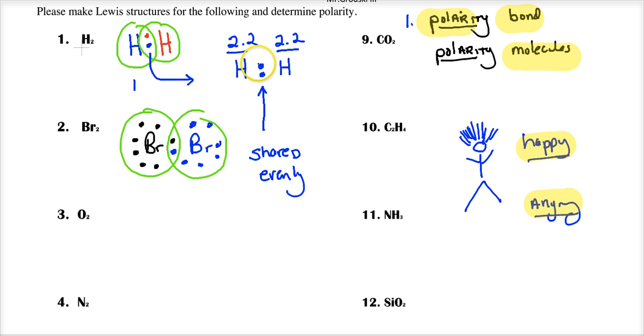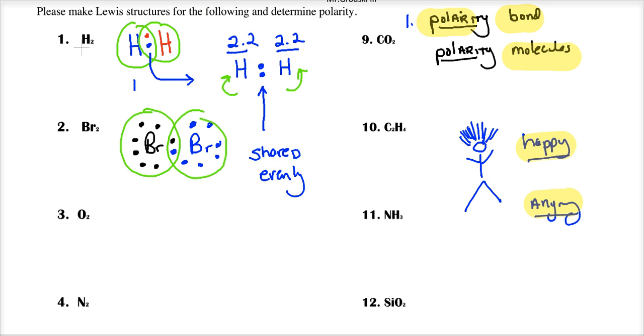And if they're shared evenly, we would say that no one side has more electrons from this pair. This pair of electrons is equally distant to this hydrogen and to this hydrogen. So no one has more electrons than another.